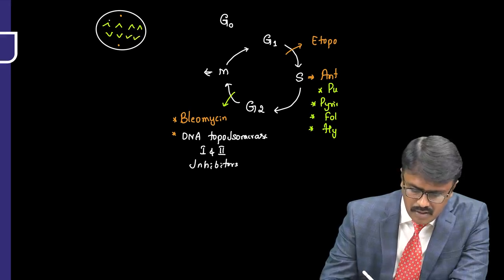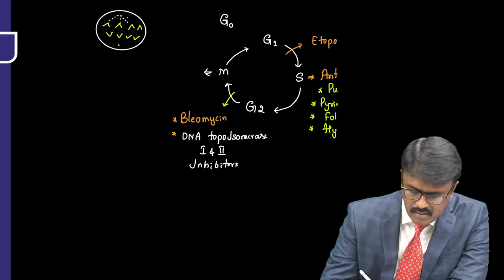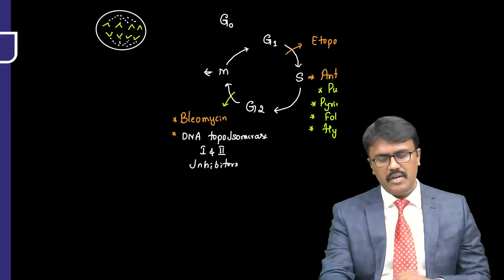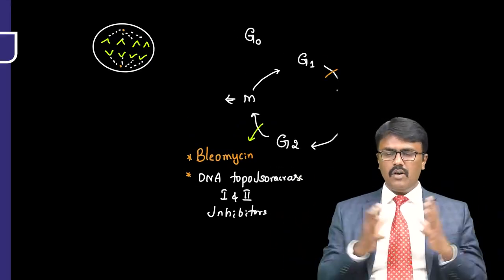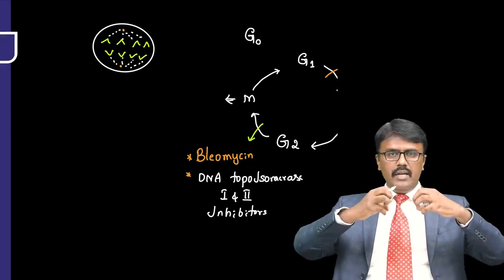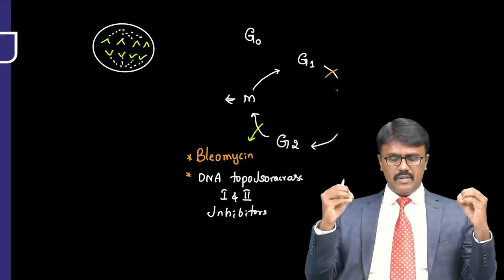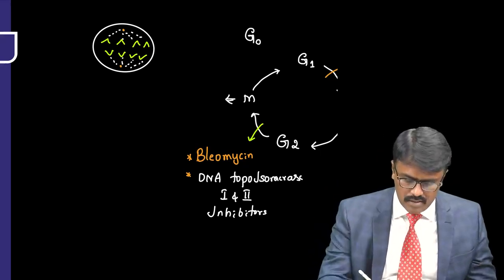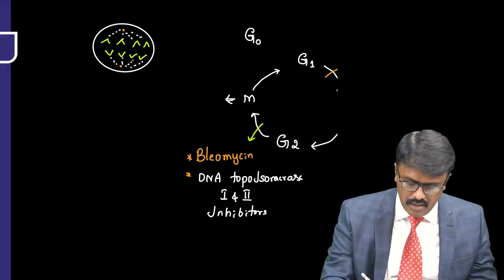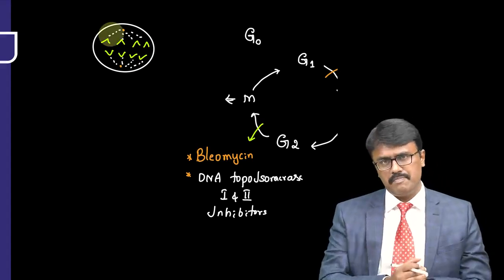So there are microtubules like this. The dotted ones which I have written are microtubules. They will contract, relax, and pull the DNA to the opposite poles, and the cell will divide like this. Now these drugs will interfere with microtubules and damage them.